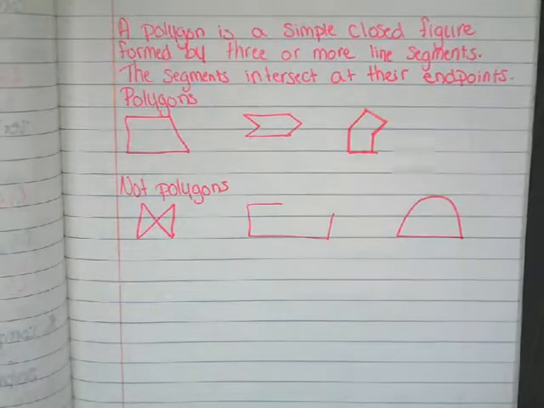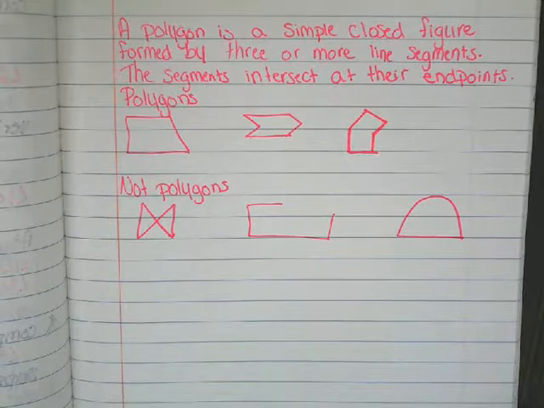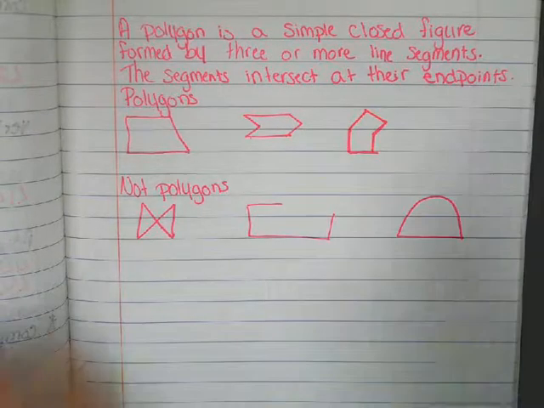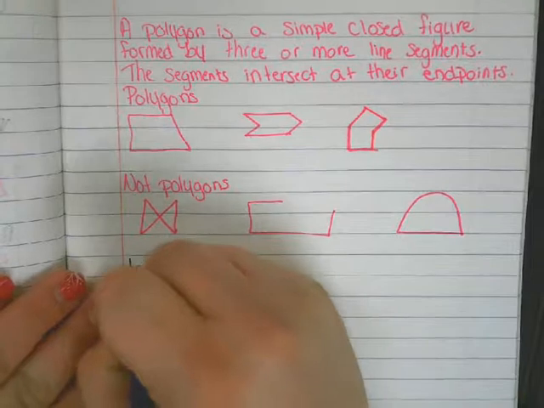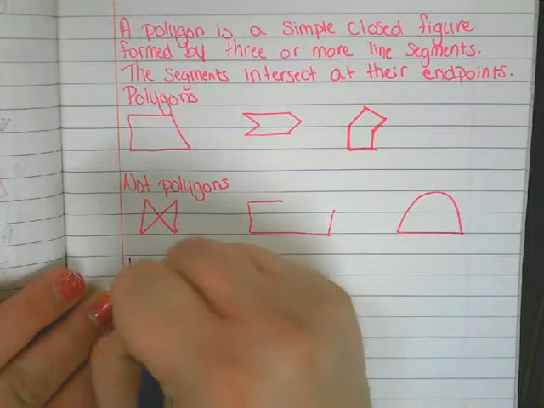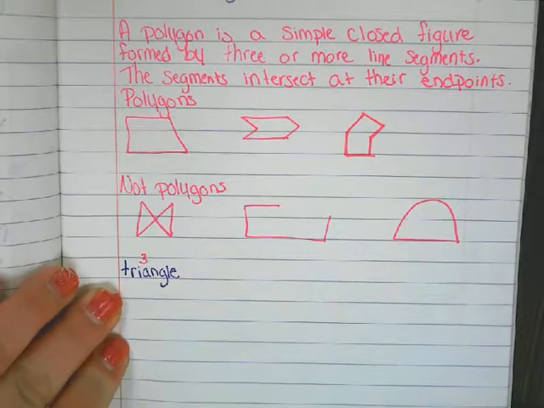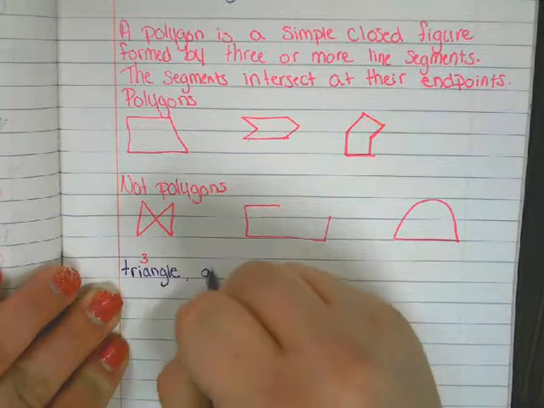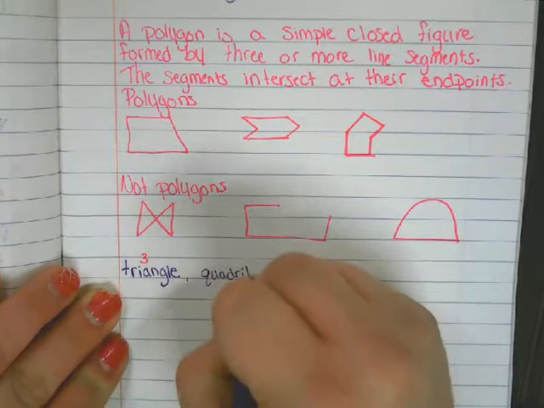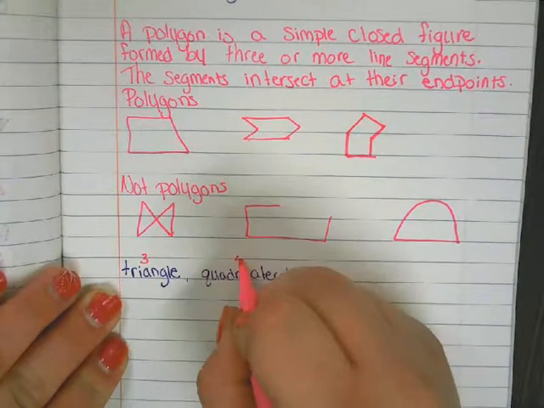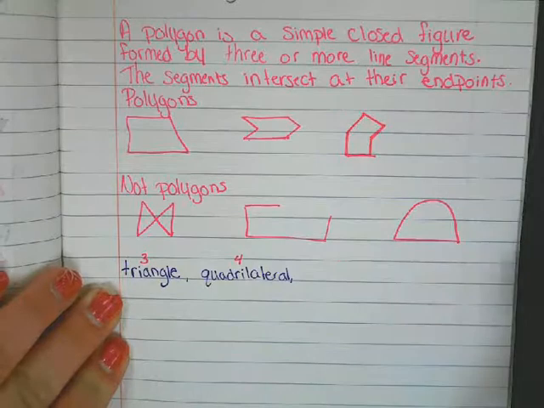Questions on classifying a polygon or not a polygon? Alright, so let's go through the names of some of the popular polygons that you will have to name. So, a triangle. And I'm going to put the number of sides above it, so that way if you forget. A quadrilateral. Anyone know what a five-sided figure is called? There's a building in D.C. The Pentagon.